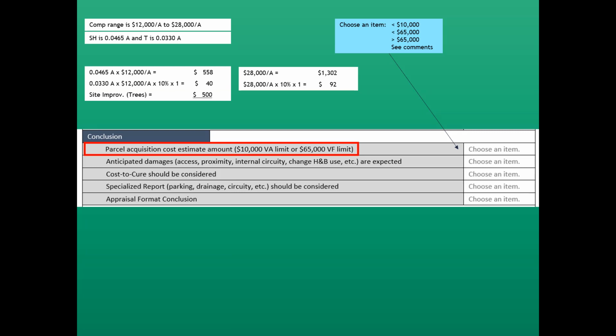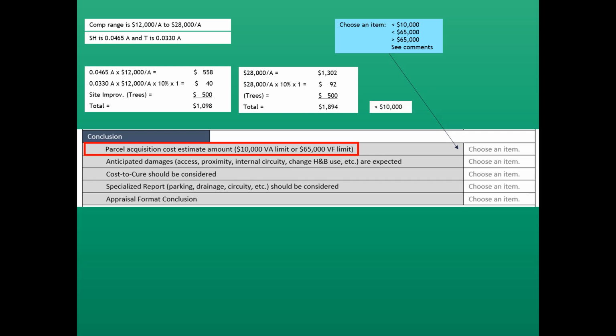We know that there's some trees in the take area, and we're just throwing in a rough number of $500, plus or minus, for both of those. So at the low end of the range, the total is roughly $1,098. And at the upper end of the range, the total would be slightly less than $2,000. Both of those are less than $10,000. So we fill in less than $10,000. Well, actually, I put the wrong one in.